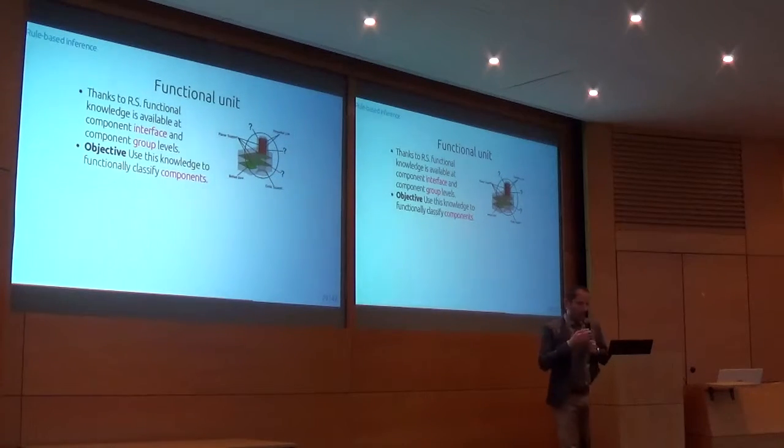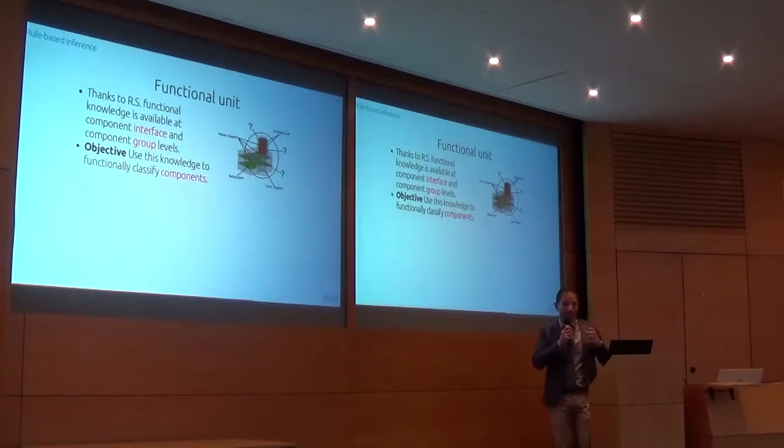To this end, we define the functional designation, which is a denomination that uniquely identifies a component from a functional point of view. We observe that functional designations are not simple textual annotations.